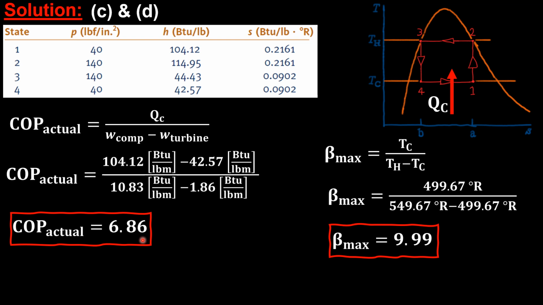So that means we need to redesign and see how we can reduce friction, how we can make the heat transfer more efficient, to get the actual refrigeration cycle as close as possible to the maximum theoretical one. Thank you very much.